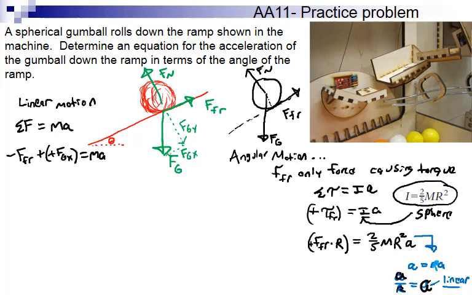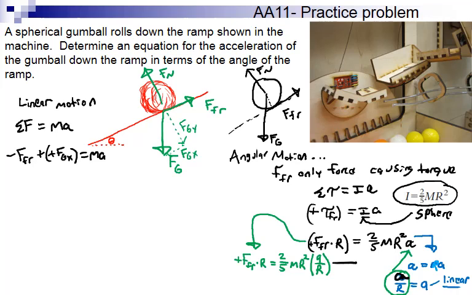And so what we can do is we're coming back through and taking this, and we can place in for alpha here the linear acceleration divided by the radius, and therefore we can get this in terms of the linear acceleration.